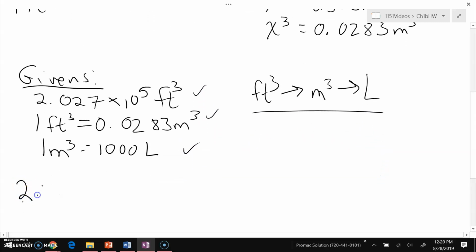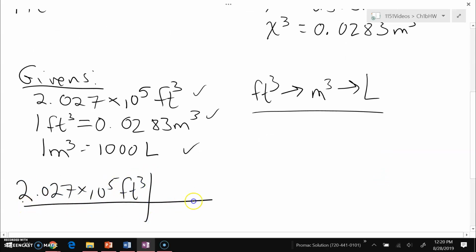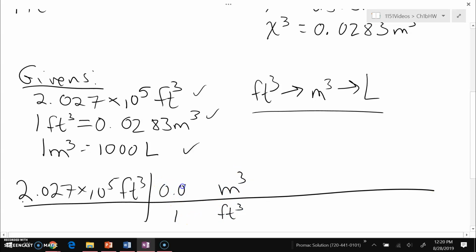So, 2.027 times 10 to the 5th feet cubed. And I'm going to write my big long line. I know that feet cubed goes down here, meters cubed up top. So 1, and then I'll put in my number. Use the units: feet cubed cancels. Meters cubed to liters.